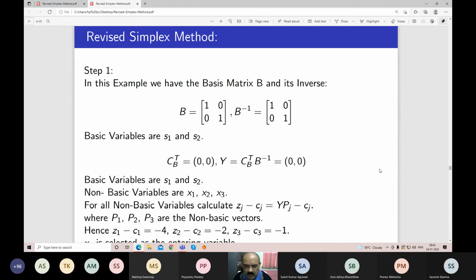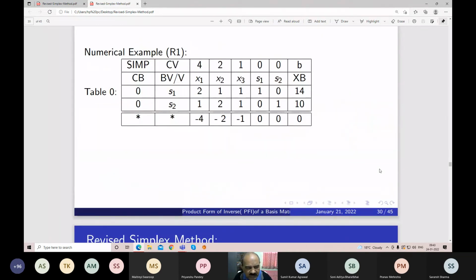See, once a problem is given, you present the extended simplex table. In this revised simplex method, I have mainly demonstrated a problem with all constraints of one type, that is, less than or equal to type, and in the problem itself you are using slack variables.